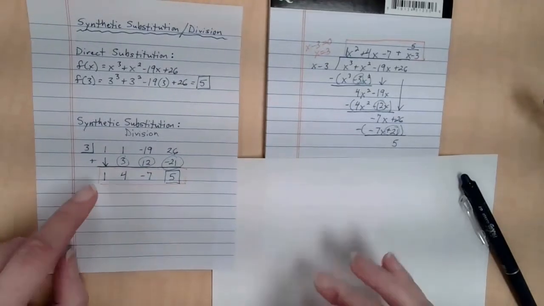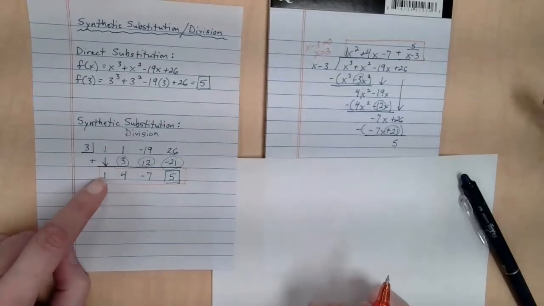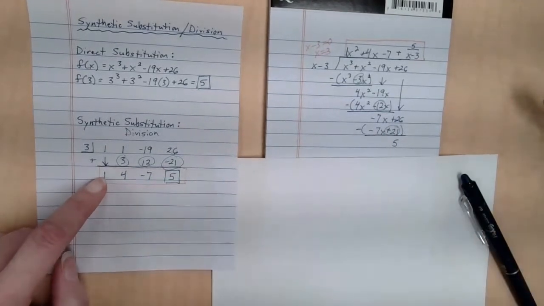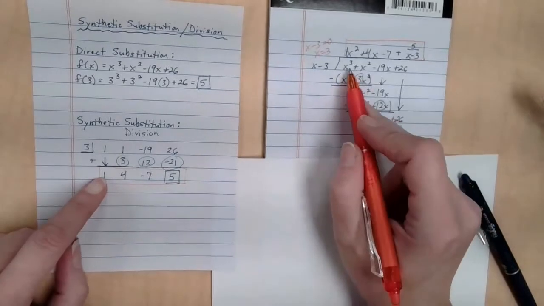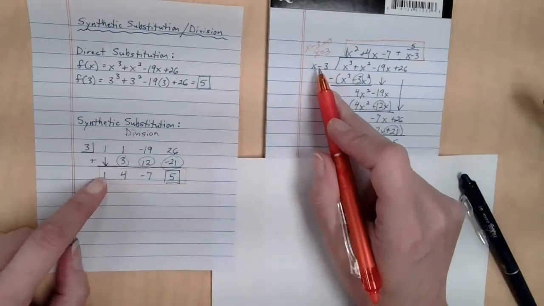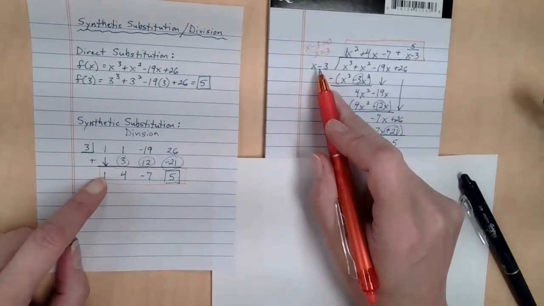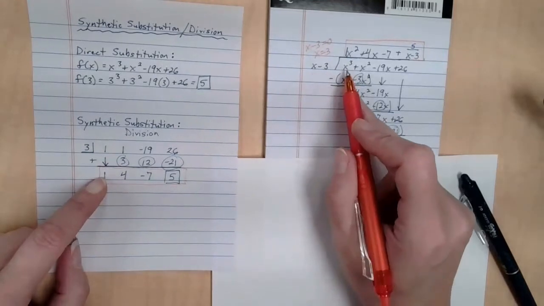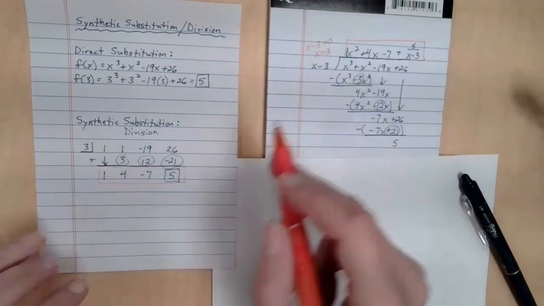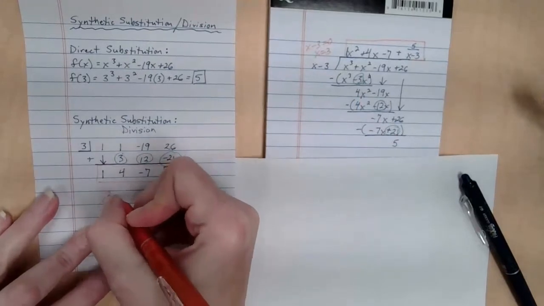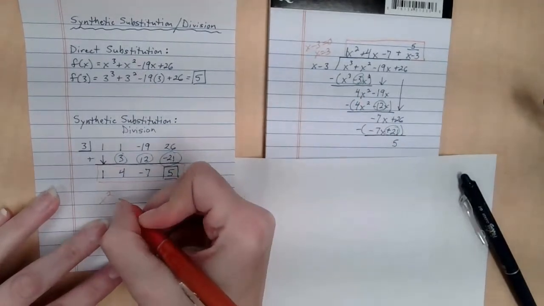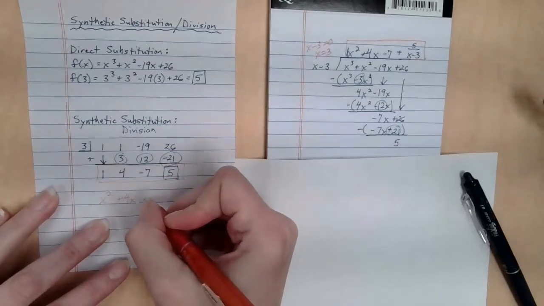Now, how would I know that this is 1x squared? Is there a good reason for that, a way that that works? Well, let's think about this. We had an x cubed, and we divided by x. When you divide, you're dropping by a power. So if that was x cubed, that means that this is going to have to be 1x squared. And then this is descending order, so plus 4x minus 7.